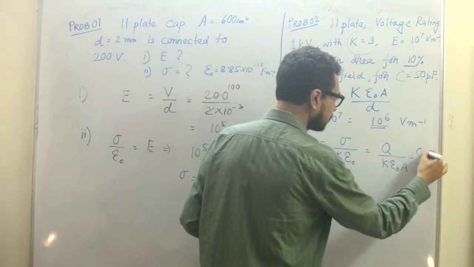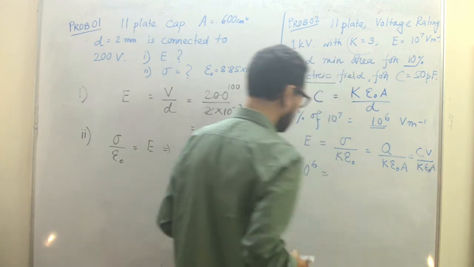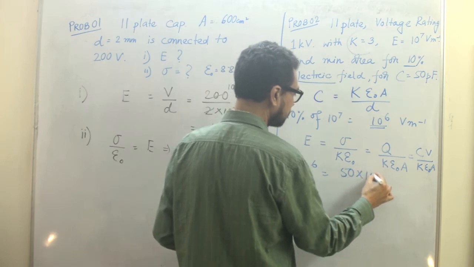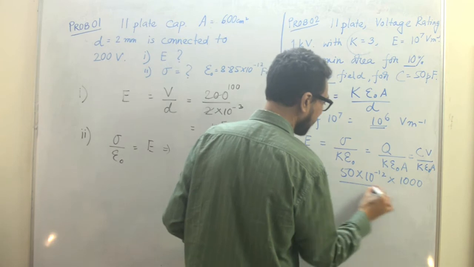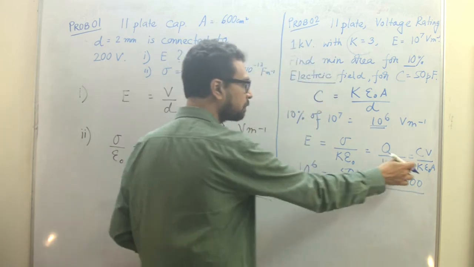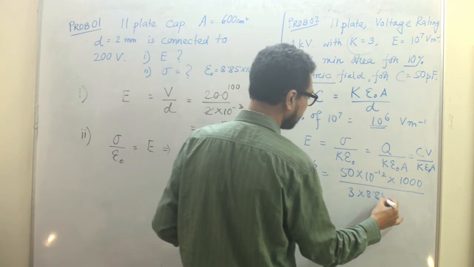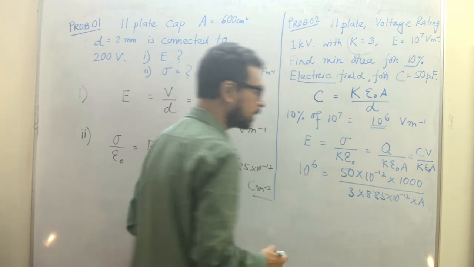So let us write another step here. I think that will be easier for us. So 10 to the power 6 equals 50 picofarad into 1000 volts. Maximum I'm taking for the minimum plate area, over 3 into 8.85 into 10 to the power minus 12 into A, where A is the unknown.